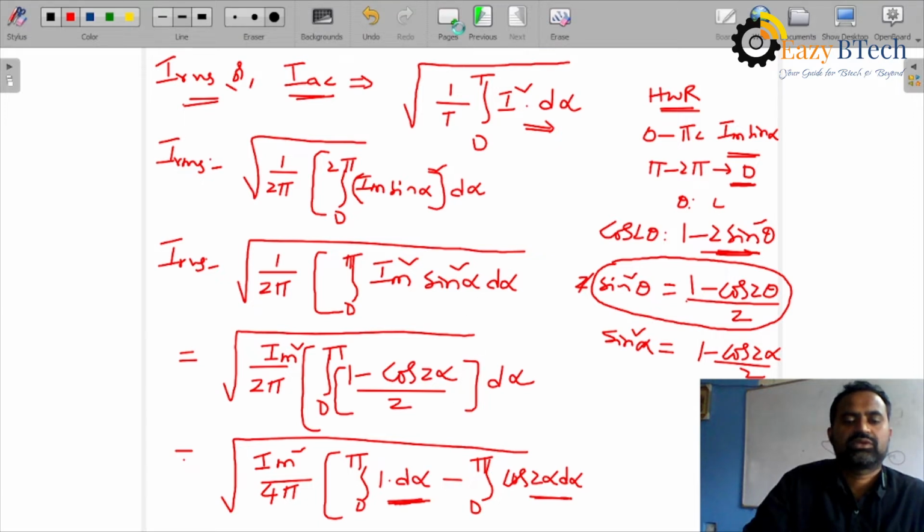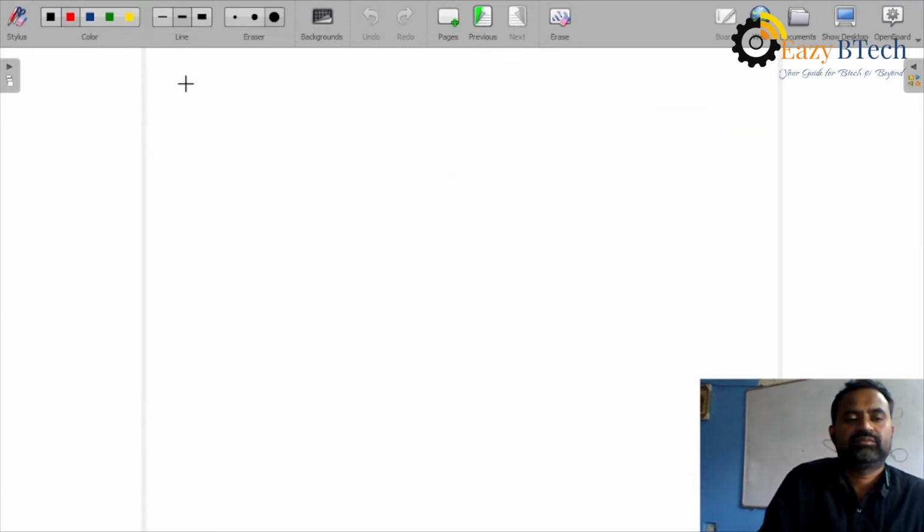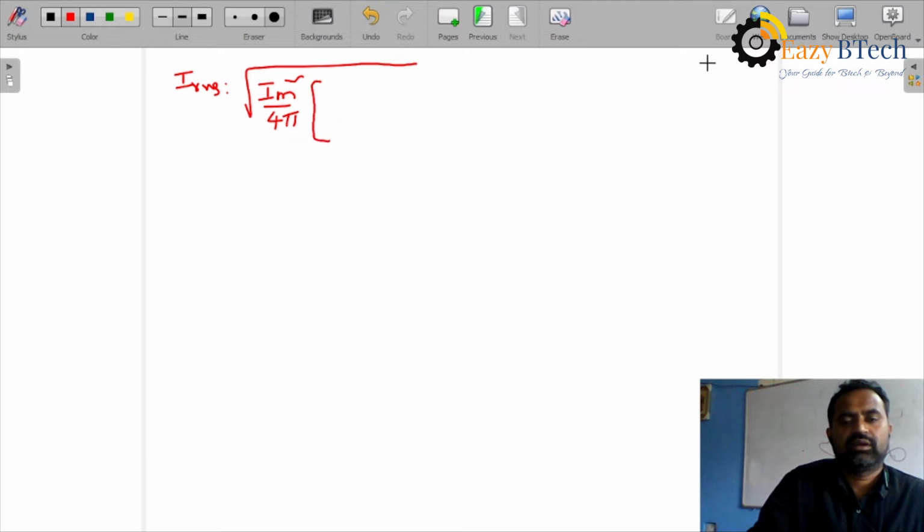Now next we will write IRMS is equal to under root Im square by 4 pi, integral of 1 d alpha is nothing but alpha, from 0 to pi, minus cos 2 alpha, integral of cos is sine 2 alpha, with respect to alpha we will write 2, in the interval between 0 to pi.